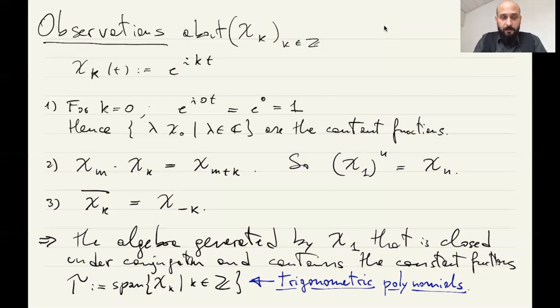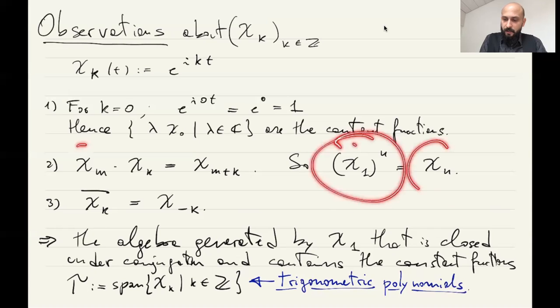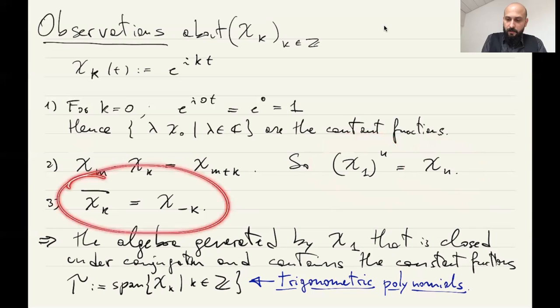So what I'm saying is that the trigonometric polynomials are the algebra generated by this key 1 that is closed under conjugation. This is because if you want an algebra, then you should be able to multiply key 1, so you get all the key n, for n greater than 0.